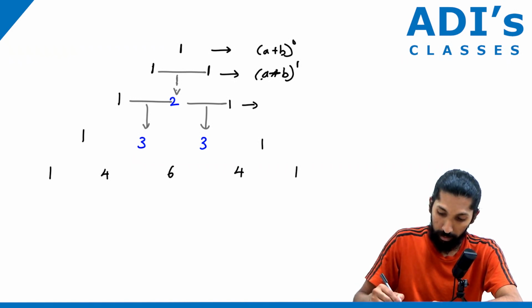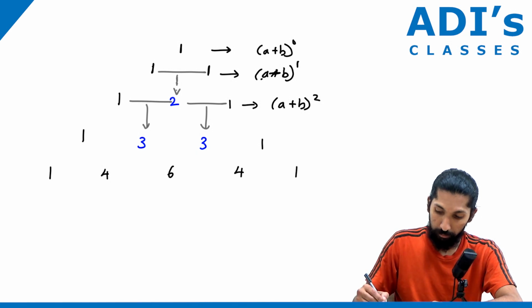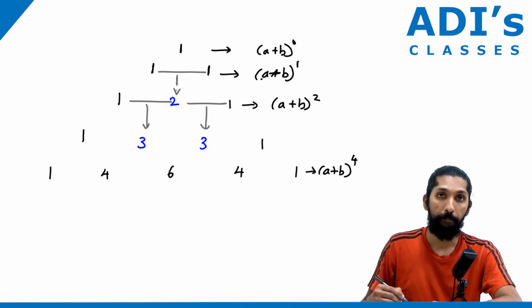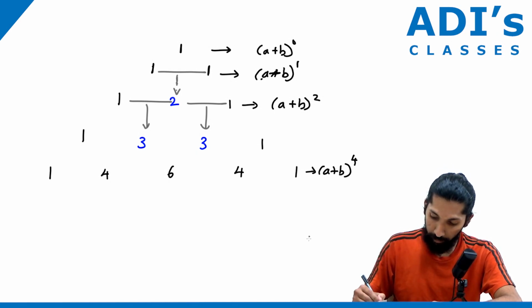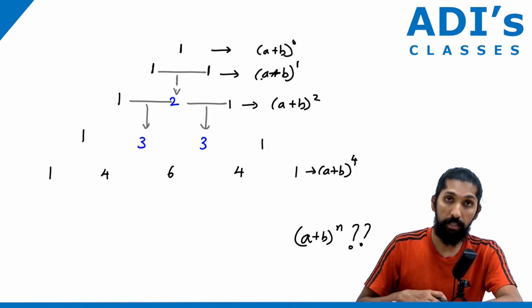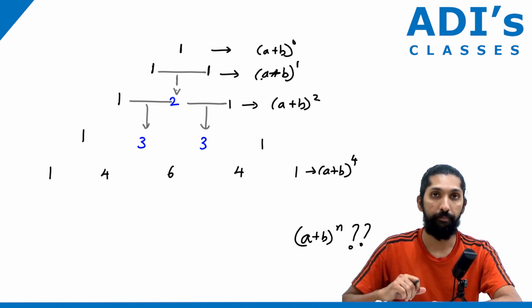The next one is (a + b) whole square. So the last one is for (a + b) whole power 4. Likewise, can we get the same thing for (a + b) whole power n? Is it possible? This is basically binomial theorem.